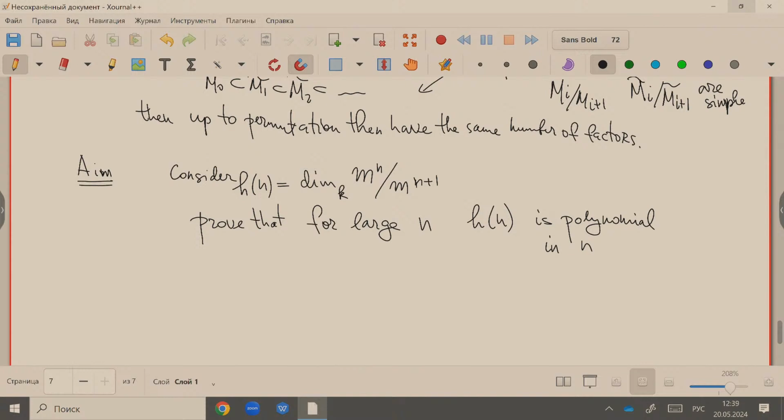We can study it by a generating function, which is called the Poincare series in this case.